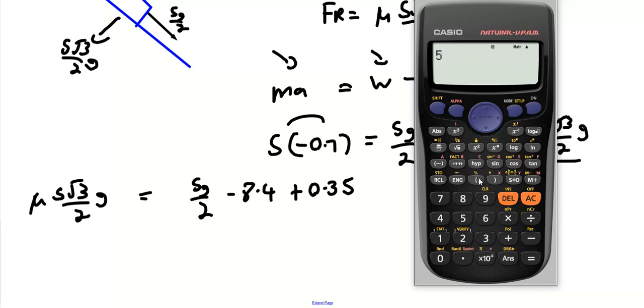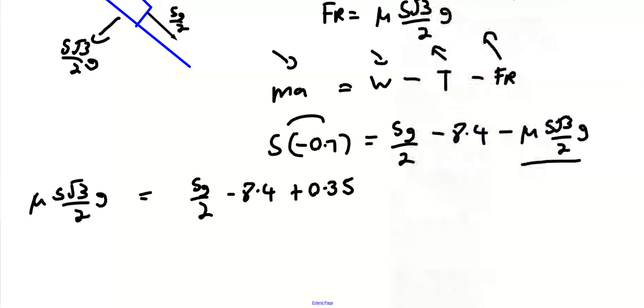So 5 times 9.8 over 2 minus 8.4 and then plus 0.35 is 329 over 20, equals mu times 5 root 3 over 2 times 9.8.